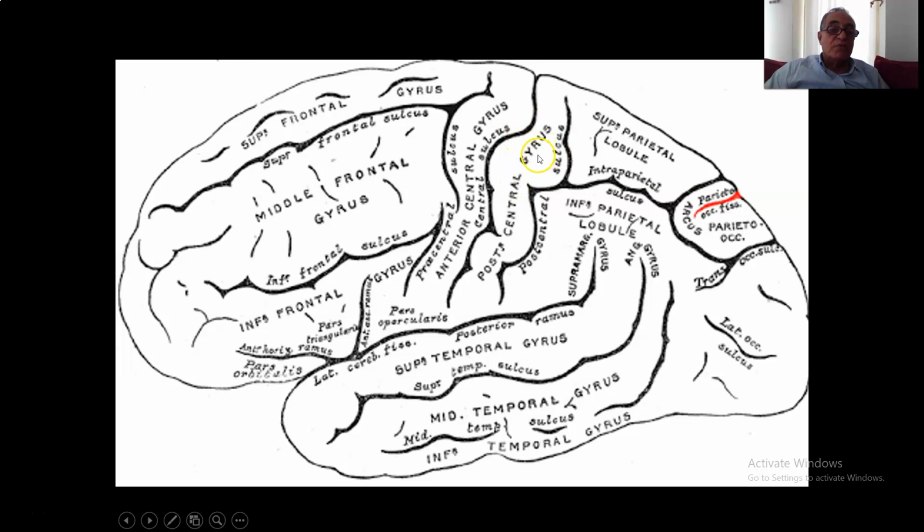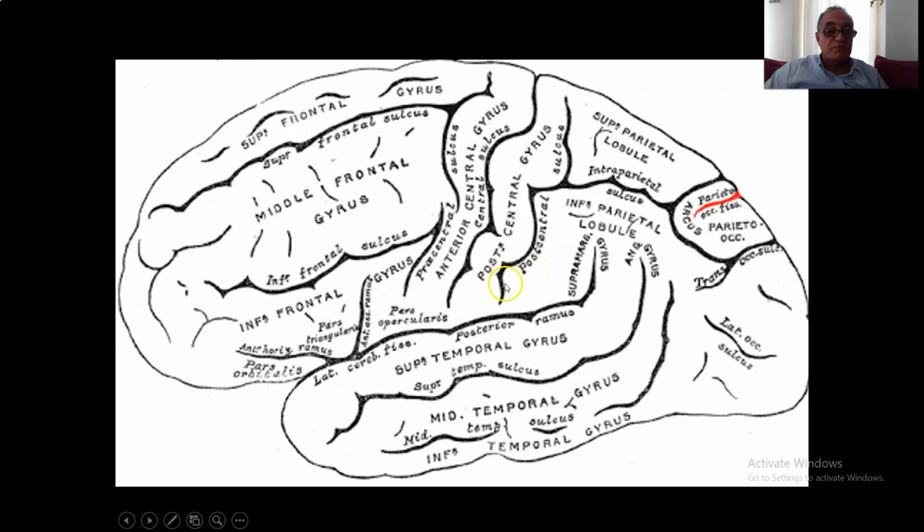Other sulci of the parietal lobe on the lateral surface, what we call the intraparietal sulcus, divide the parietal lobe into superior parietal lobule and inferior parietal lobule. This has a very important surgical application, as you will see later, but you should know that the inferior parietal lobule is very, very important because it contains two very important gyri, the supramarginal gyrus and the angular gyrus.